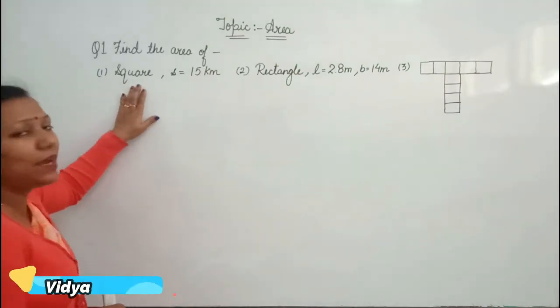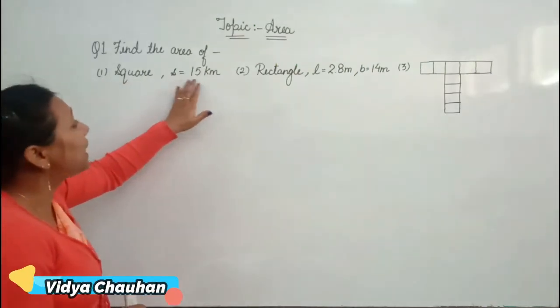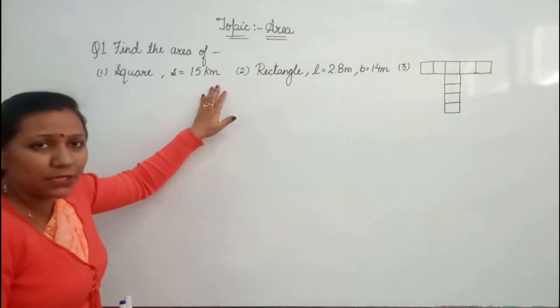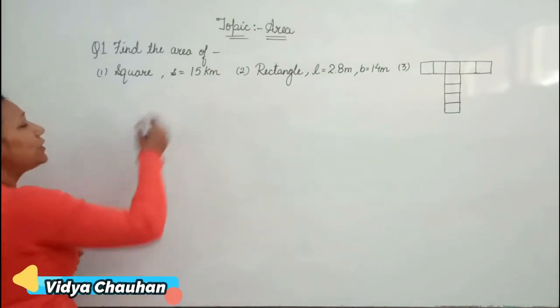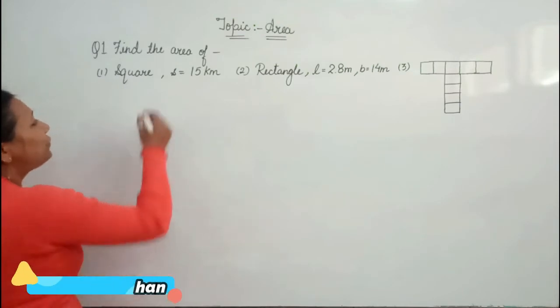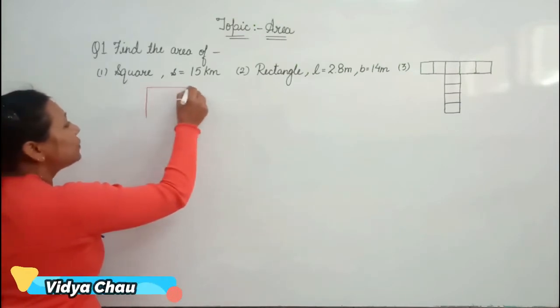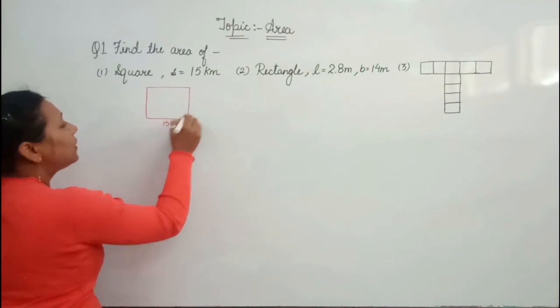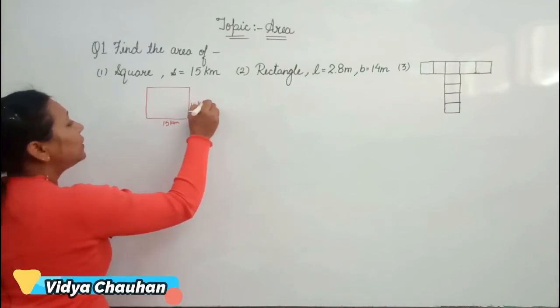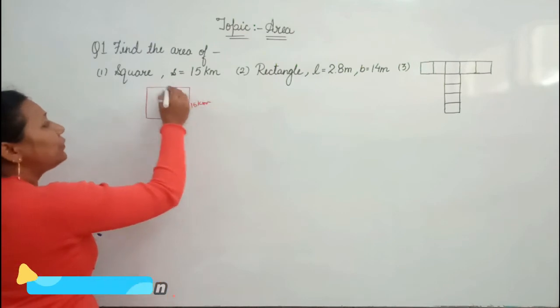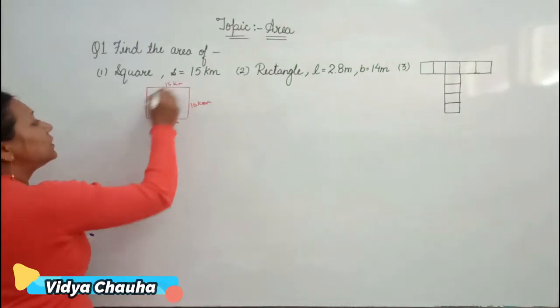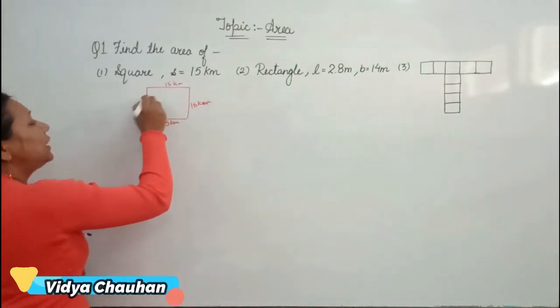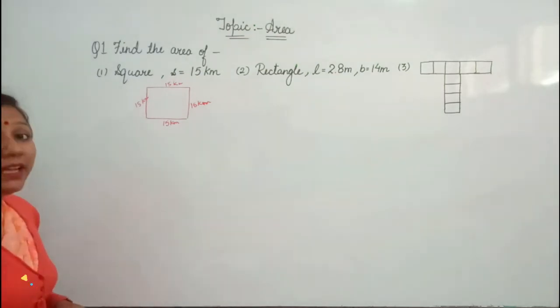So here we have to find the area of a square whose side is 15 kilometer. So let's suppose this is our square whose all the sides are 15 kilometer each.